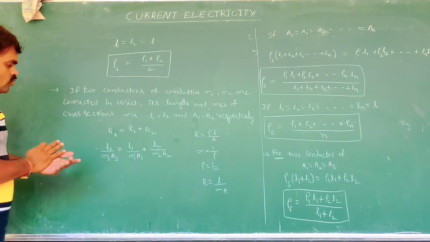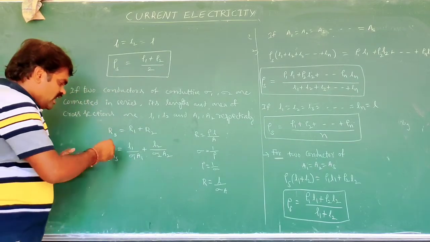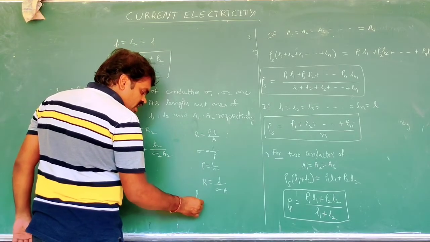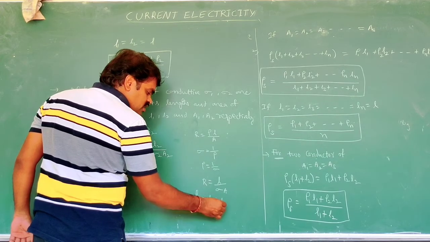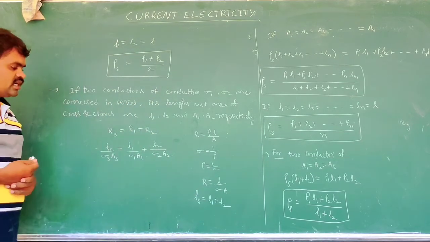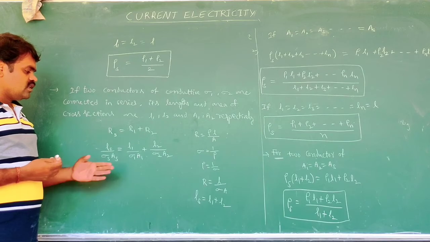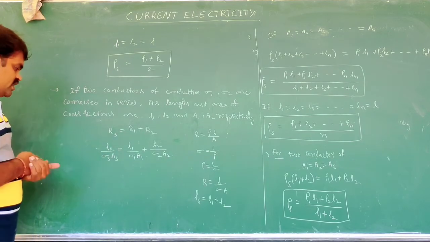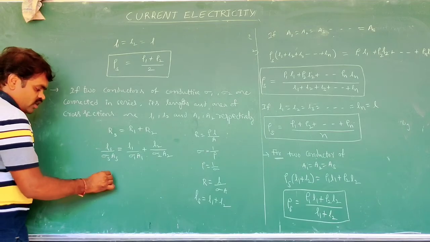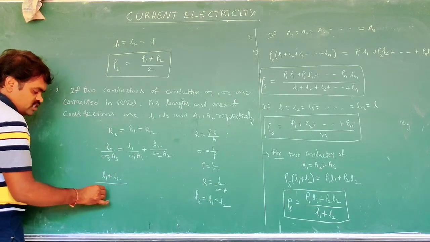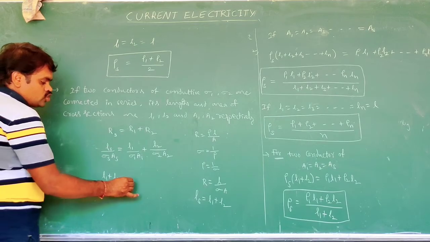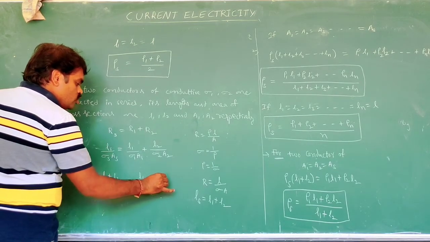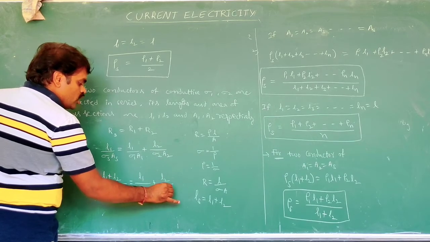Then here we can see that the conductors are arranged in series, means what you write? Ls is equal to L1 plus L2. Conductors are connected in series, means the series length of the conductors is the sum of the lengths. Then we write L1 plus L2 by sigma S As is equal to L1 by sigma 1 A1 plus L2 by sigma 2 A2.